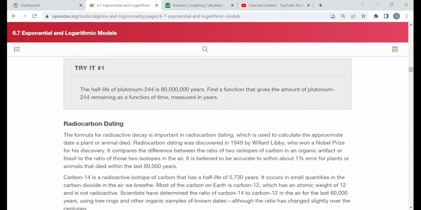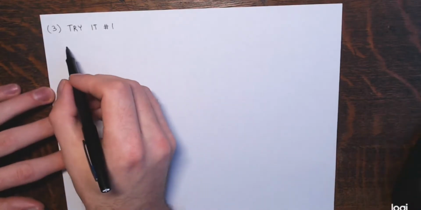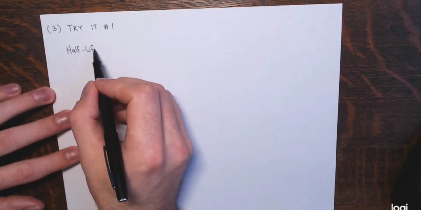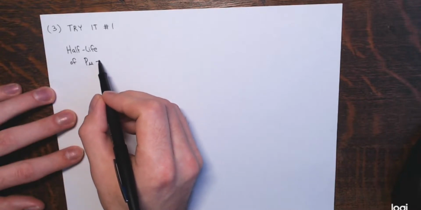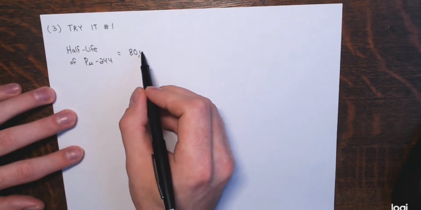So this is very, very similar to the last one. And this time the half-life of plutonium, which is just Pu-244, is 80 million years.